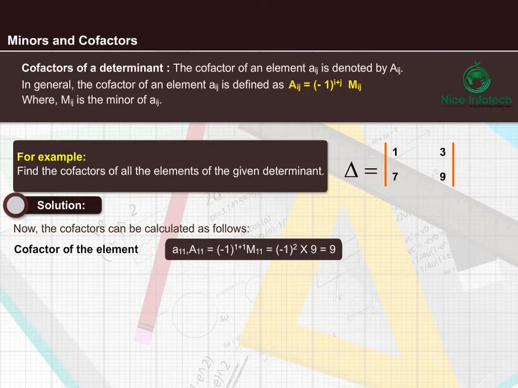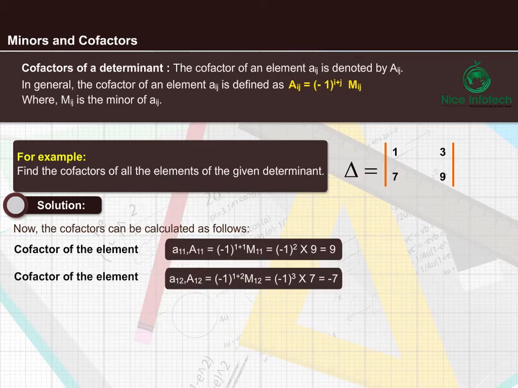Cofactor of the element A11, capital A11, is equal to minus 1 raised to the power 1 plus 1 into M11, which gives us 9. Cofactor of A12 is minus 1 raised to the power 1 plus 2 into M12, which gives us minus 7.